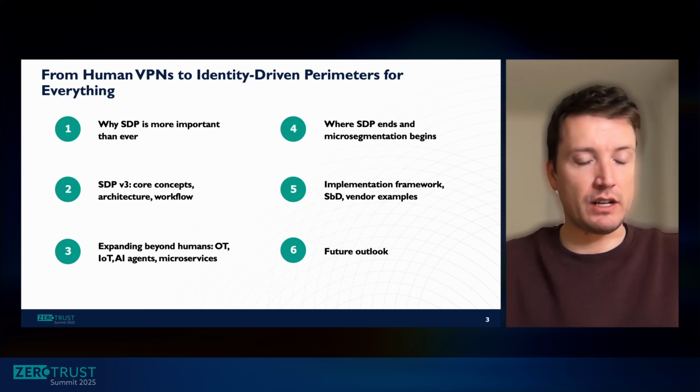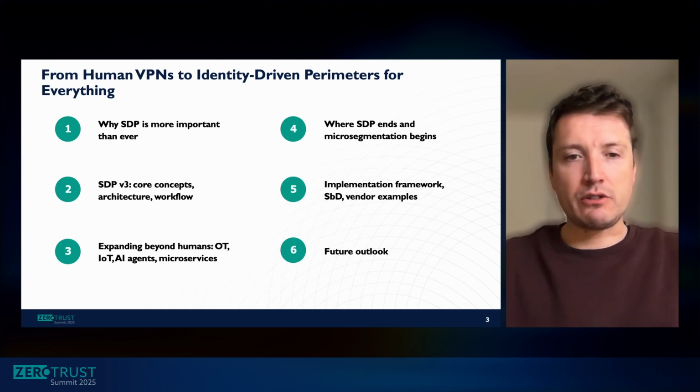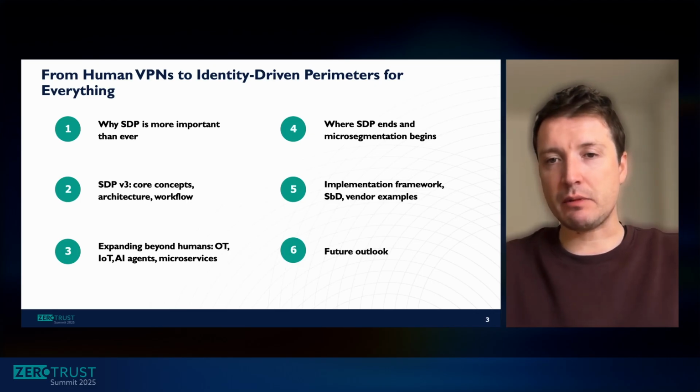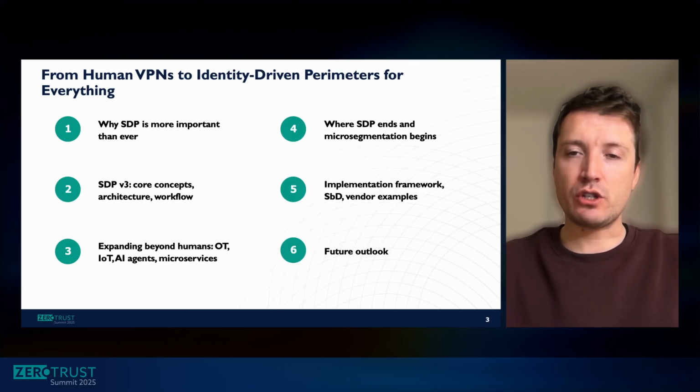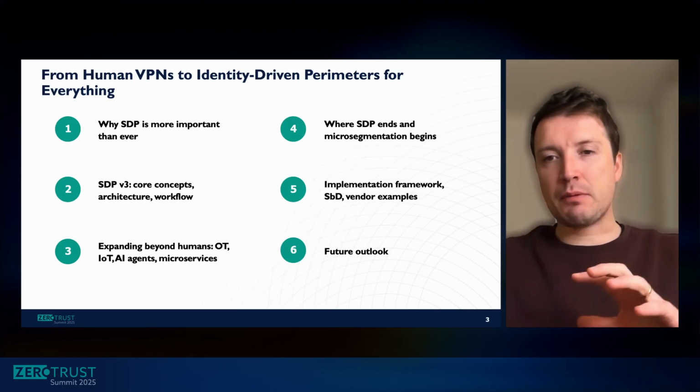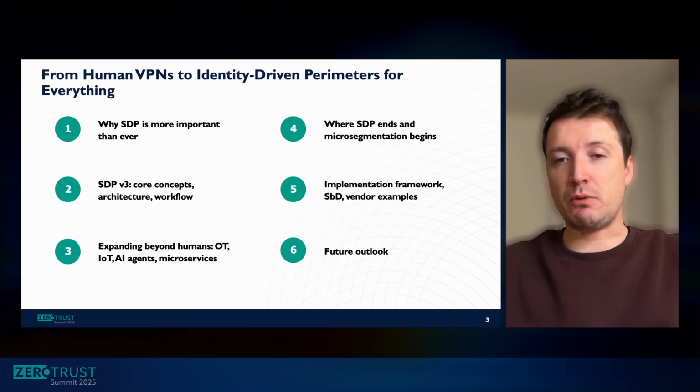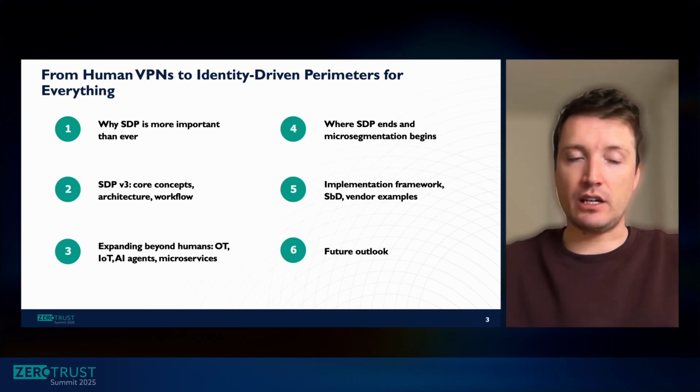I know I'm involved in another panel on that one, but also IoT, AI, microservices, multi-cloud, and more. Where SDP begins and other things like microsegmentation begin, zero trust, and those concepts, as well as implementation frameworks secure by default, and some vendor examples, and then looking at future outlook.